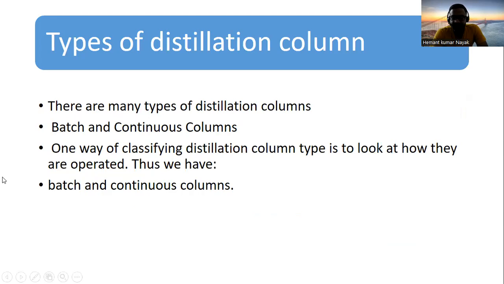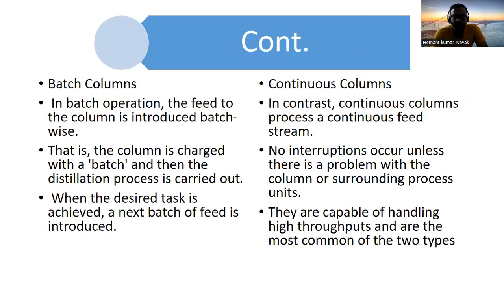We have batch and continuous columns. In batch columns, the batch operation is there. Feed to the column is introduced batch wise. The column is charged with the batch, and then the distillation process is carried out.